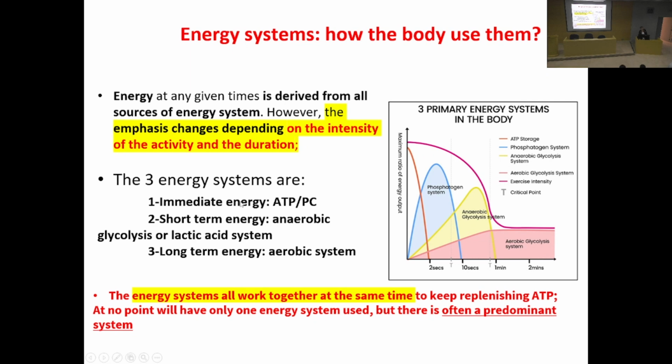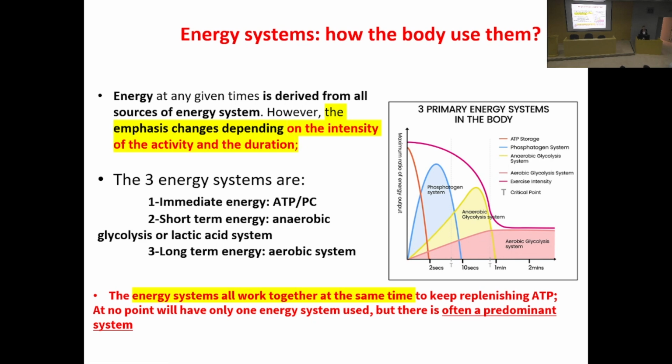So the immediate energy, as you can see here, is the ATP and the phosphagen system, which is the phosphocreatine. Then it is followed by the anaerobic glycolysis system and the production of lactic acid. And the long-term energy supply is the aerobic glycolysis system and also lipolysis.